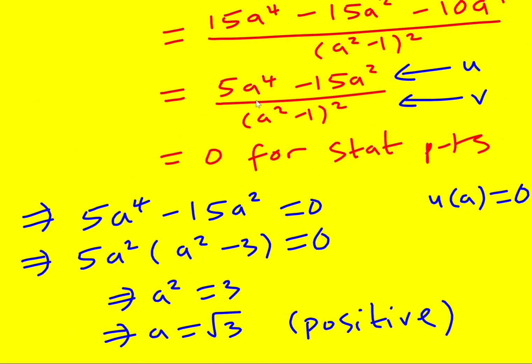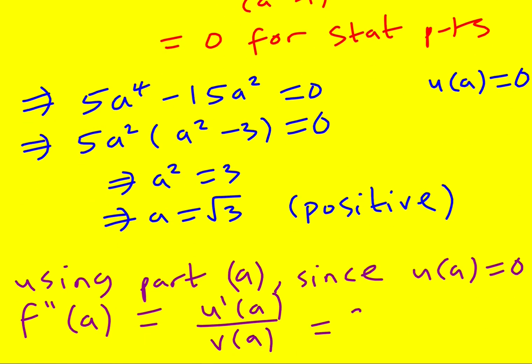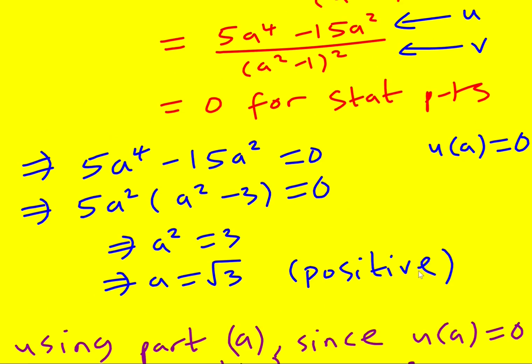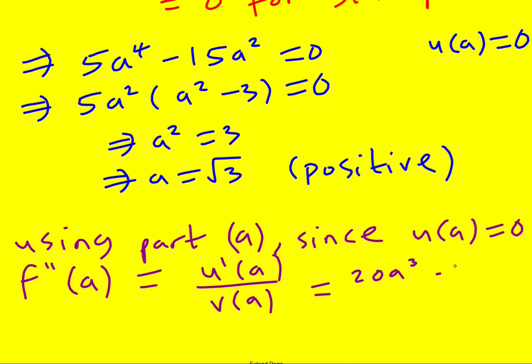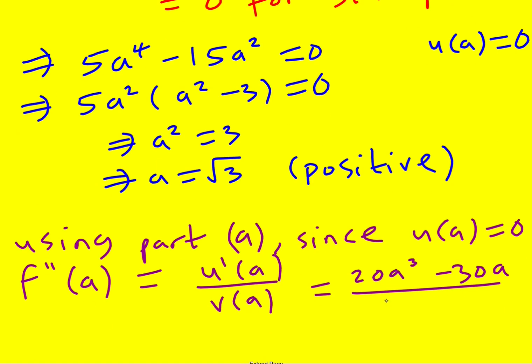And if we differentiate, we're going to get 20a to the 3 minus 30a divided by a squared minus 1, squared.